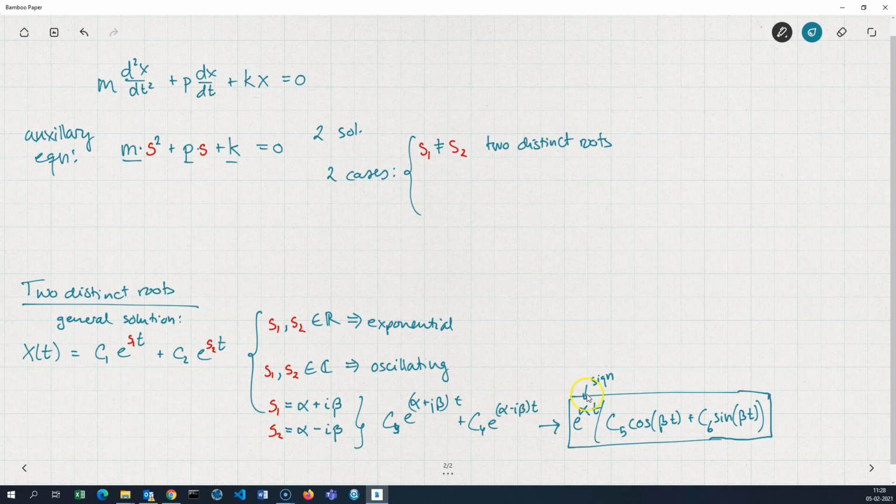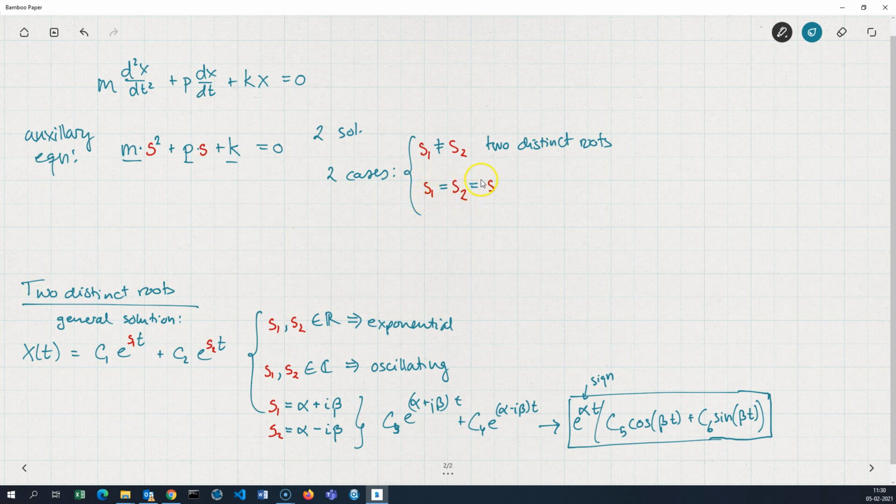If it's a physical, physically realizable system, then this would always be negative because we cannot imagine a system that would just explode in violent motions.